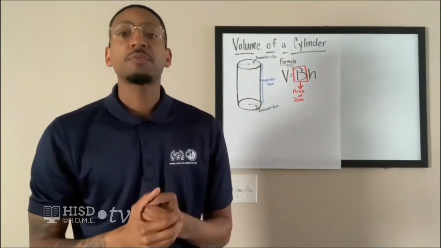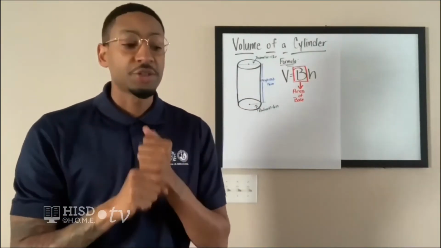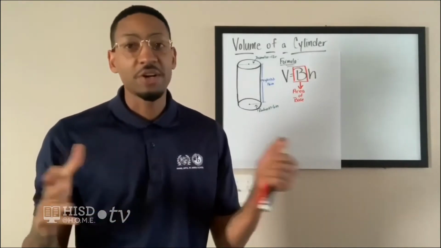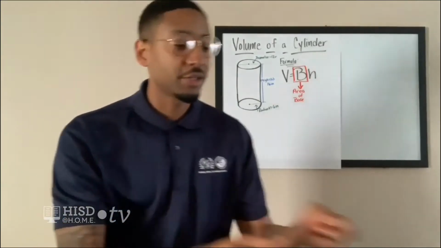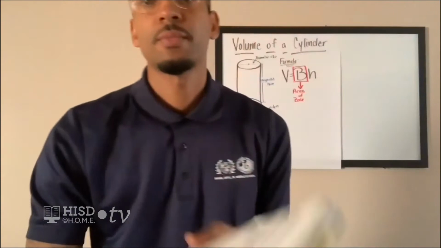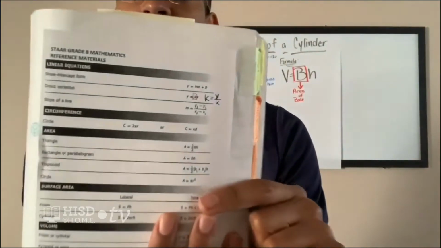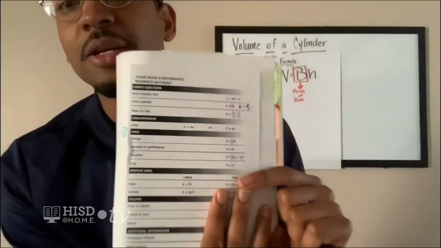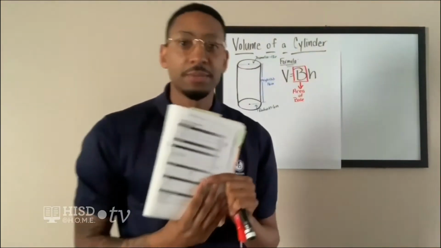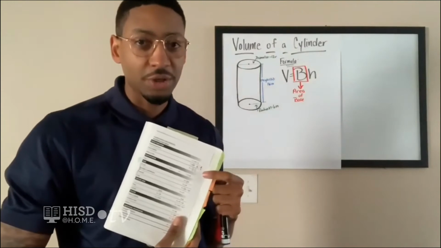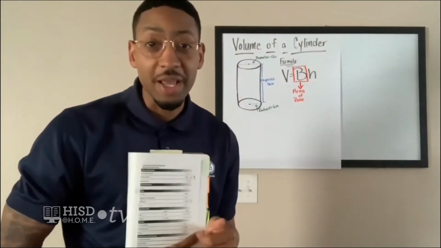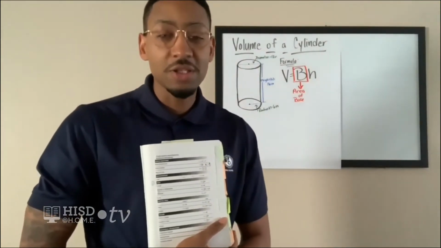One thing that I stress with my students when finding the volume of a cylinder: we don't have to memorize the formula, because it's on our formula chart or reference sheet that we are given on the STAAR test.